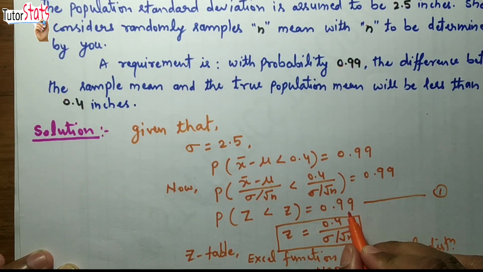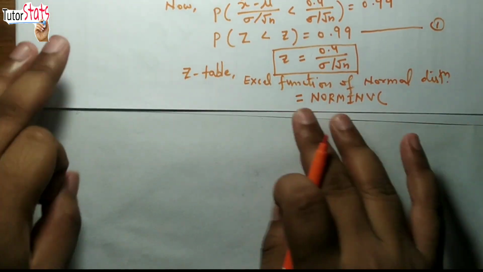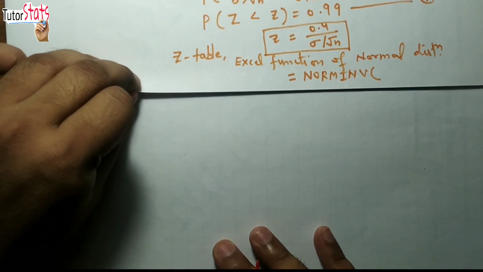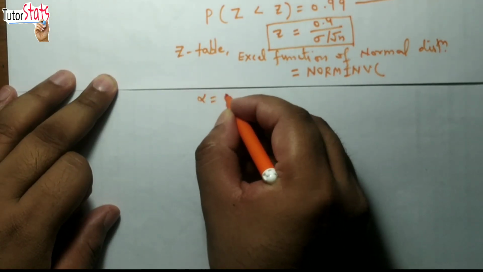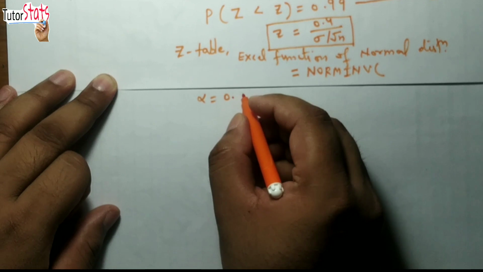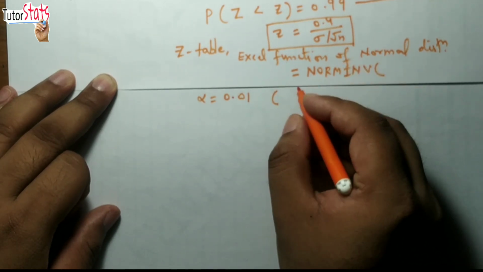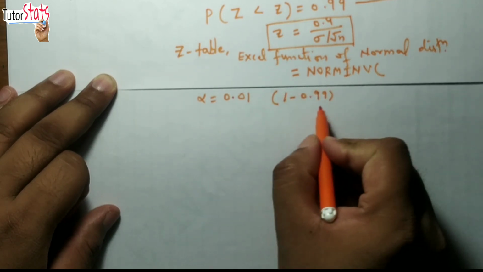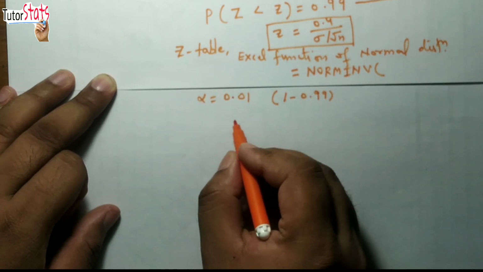Okay, so here the alpha will be 0.01, and it is calculated by 1 minus 0.99. So alpha is at 1% level of significance.